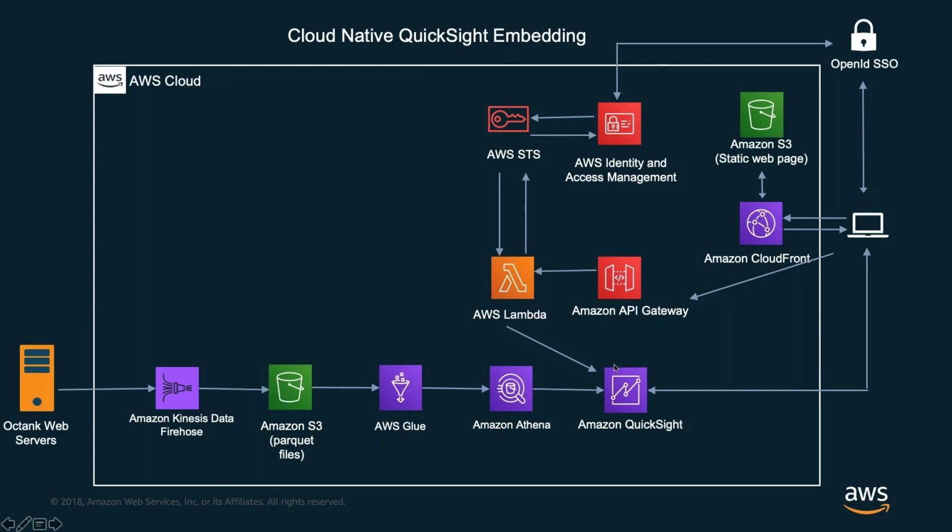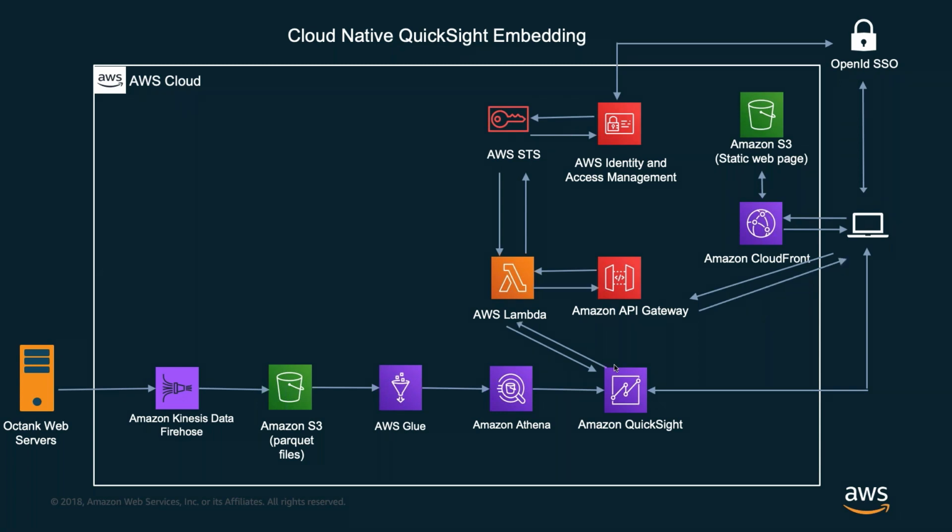So the user gets registered, and once successfully registered, you can follow that up with a get dashboard embed URL API call. And when you make that call, QuickSight would return you back the dynamic embed URL that's specific to the user and specific to the dashboard which you're trying to embed.